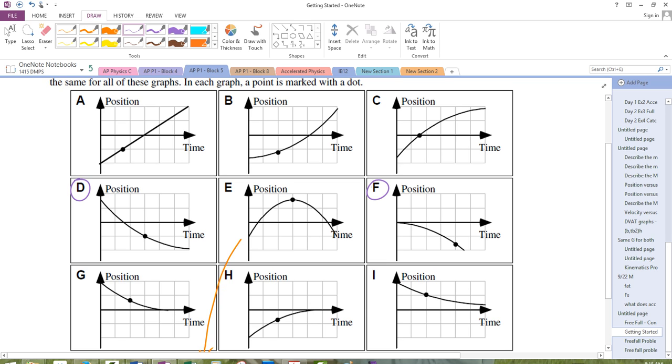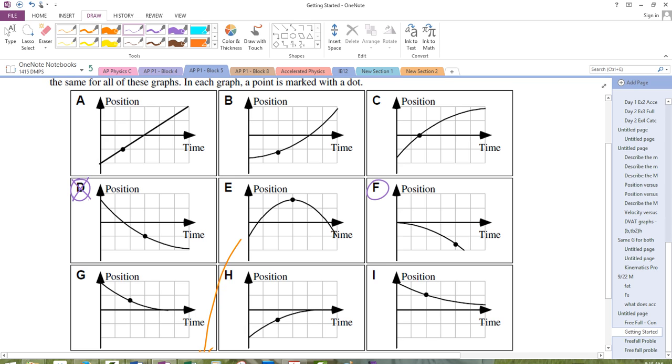Zero. So I'm going to go with not D. I think this one has a positive at that. But I think that F is true. Michael, go ahead. I think that's C, F, and H. So you agree with F?